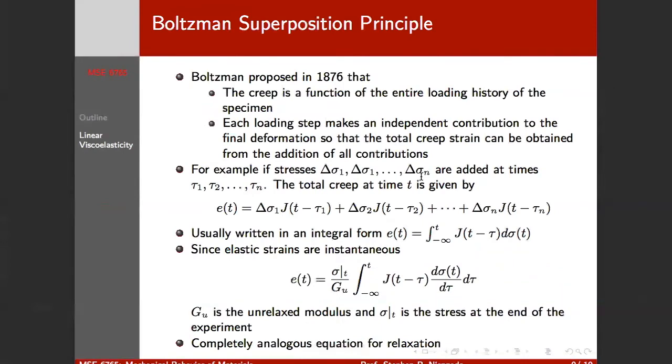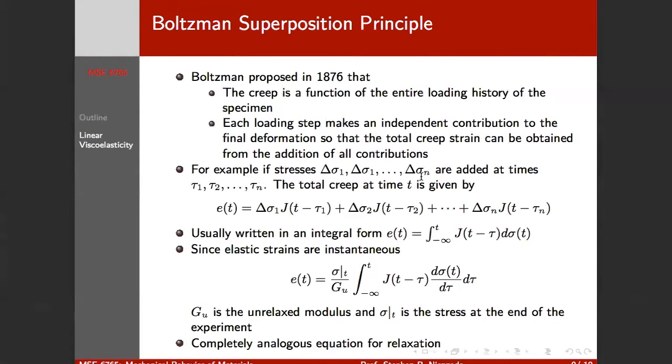So now this is where things start to get fun. Philosophical. Boltzmann, way back in 1876, was looking at this, and he said that creep can't really be determined by the instantaneous load.